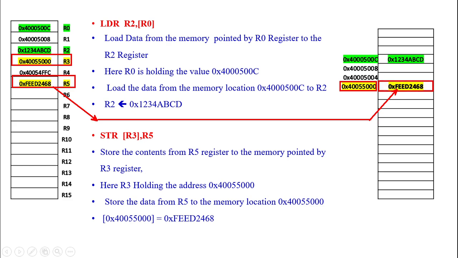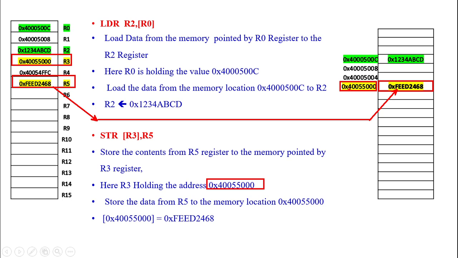Store the content from the R5 register to the memory pointed by R3. R3 is 55000, a memory location. To this memory location, I will be loading the content of R5. R5 content is 2468, and I'm moving it here. Here R3 is holding the address 4005550.